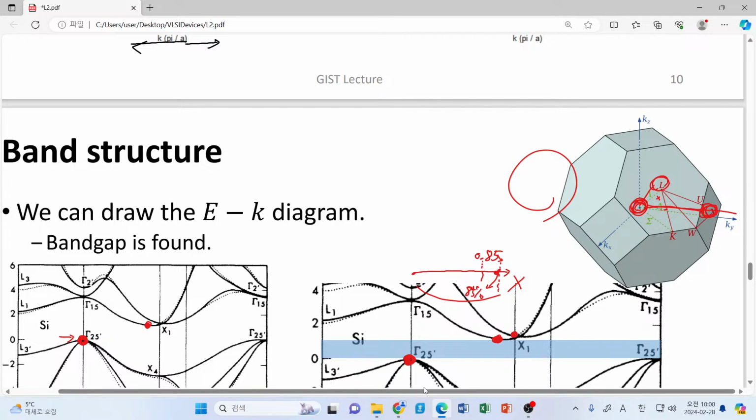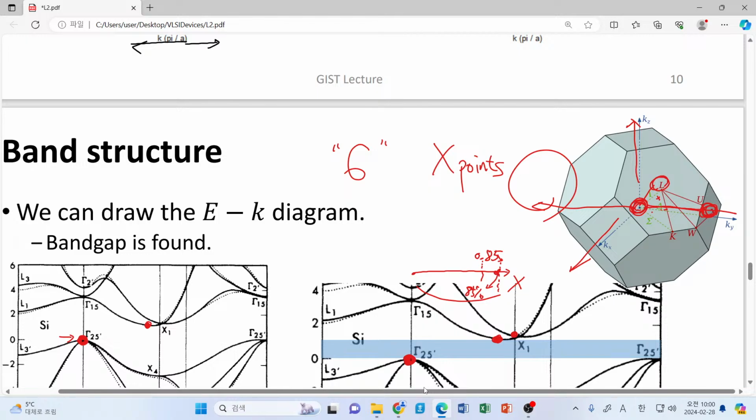But we can also find other equivalent X points along the opposite direction, or for Y or for Z. So we can easily understand there will be 6 different X points in our first Brillouin zone.